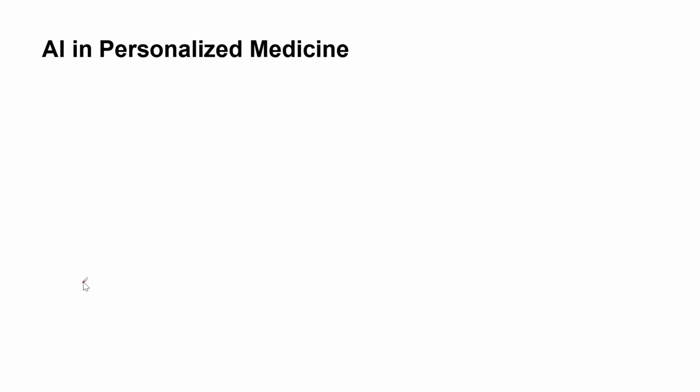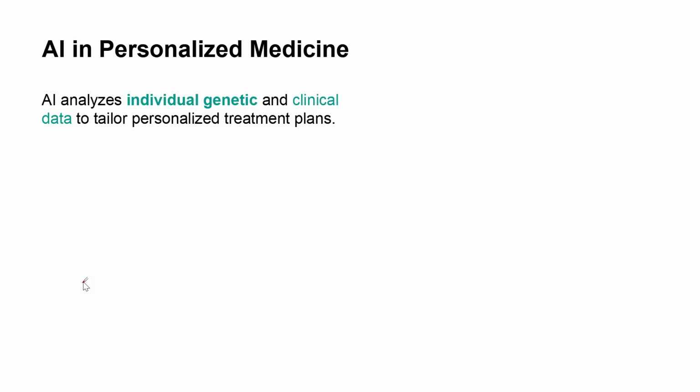The next one is AI in personalized medicine. AI analyzes individual genetic and clinical data to tailor personalized treatment plans. With AI, it can analyze the complex genomic data of a particular individual, which will subsequently also help in analyzing clinical data.